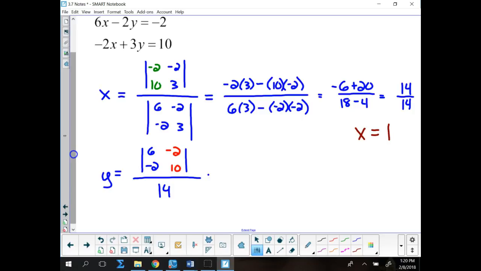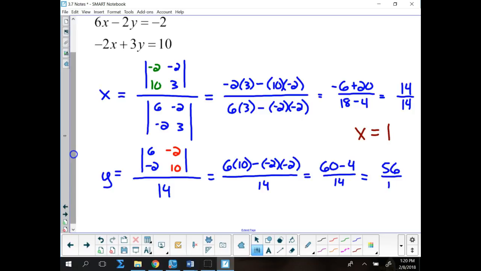So then this becomes 6 times 10 minus -2 times -2 all over 14, which is going to be 60 minus 4 all over 14, which is 56 over 14. So then y here is equal to 4.